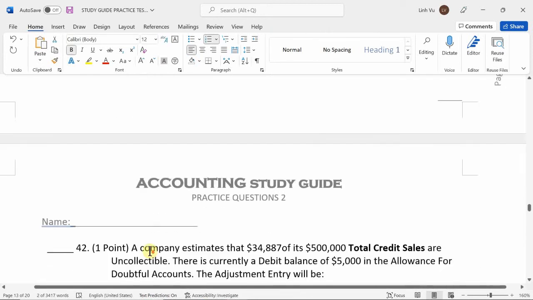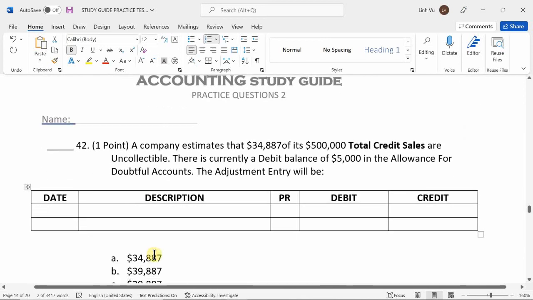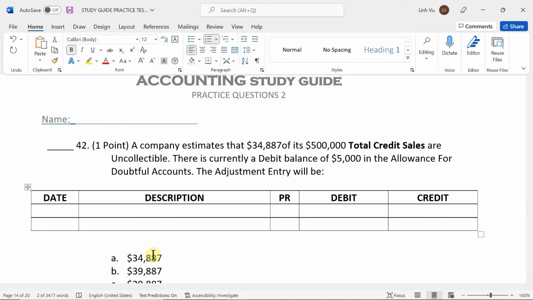Okay. All right. And then, of course, last but not least, if a company estimates that 34,887 of 500,000 total credit sales is uncollectible, and this time there is a current debit balance in the allowance for doubtful accounts of $5,000, the adjustment entry will be.